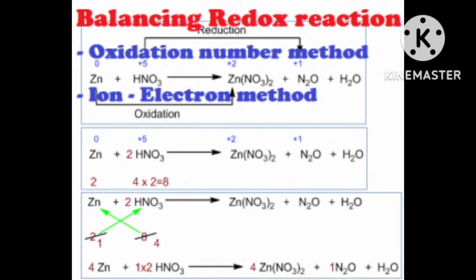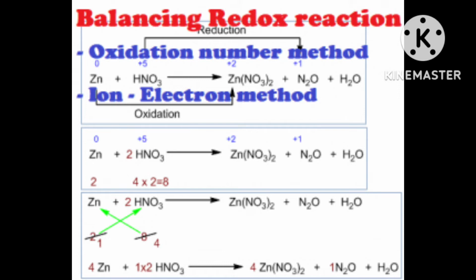In a balanced equation question, they will ask you to balance it, and the reaction will be given, just like Fe2+ plus Cr2O7 2 minus, and on the product side they will give Fe3+ and Cr3+. This is not a balanced equation, so you have to balance it.